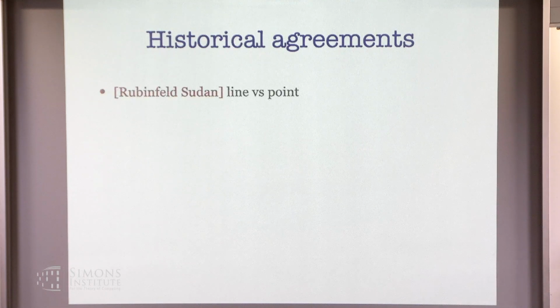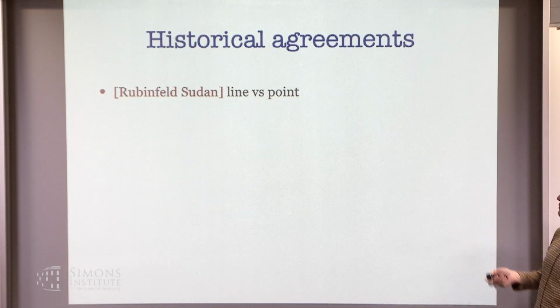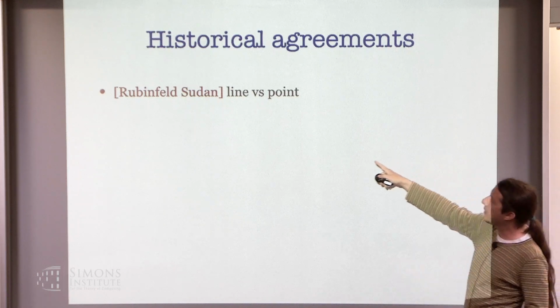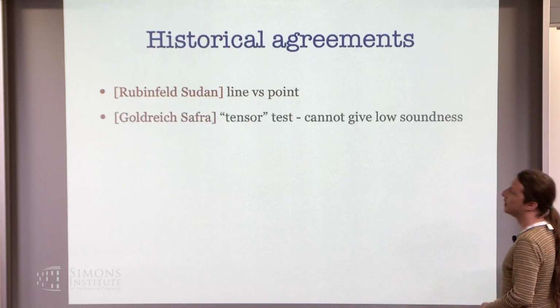Let me just say something about agreement tests. They have a long history. I will not describe all of it. I will just mention a few. So there's Rubinfeld and Sudan, who tested that a polynomial is of low degree by having subdomains that are lines and points and checking agreement between them.